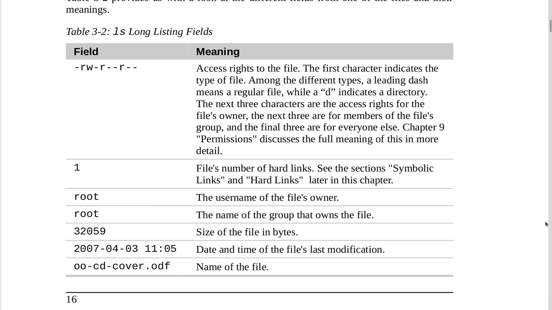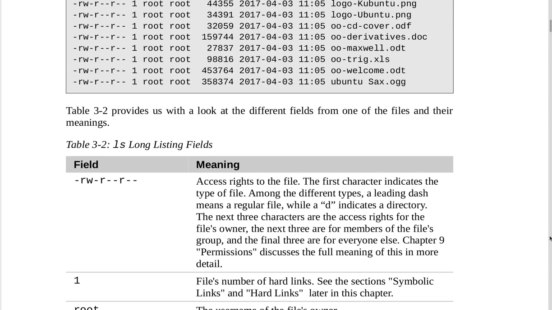Field 1, the file's number of hard links. See the sections Symbolic Links and Hard Links later in this chapter. Field root, the username of the file's owner. Field root, the name of the group that owns the file. 32059, the size of the file in bytes.